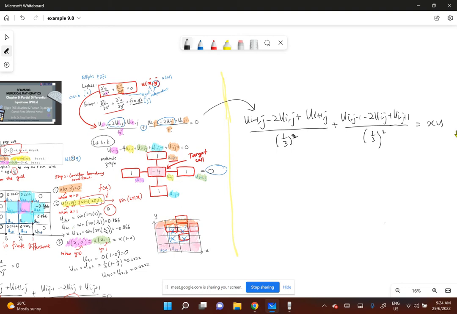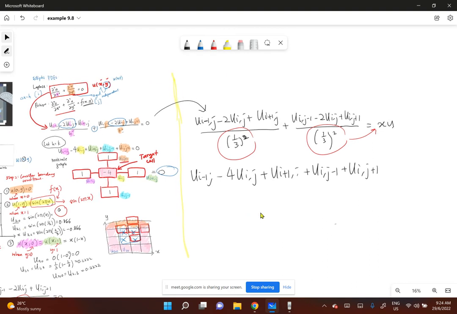Okay, now this one I have to bring to here, right? So now it becomes u i minus 1 j minus 4 u ij plus u i plus 1 j plus u ij minus 1 plus u ij plus 1 equal to 1 over 9 xy.